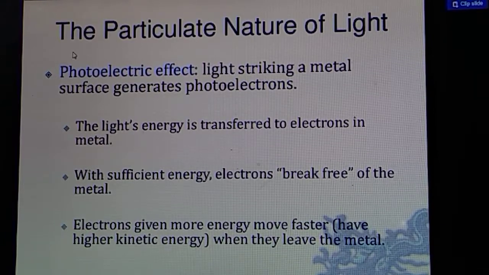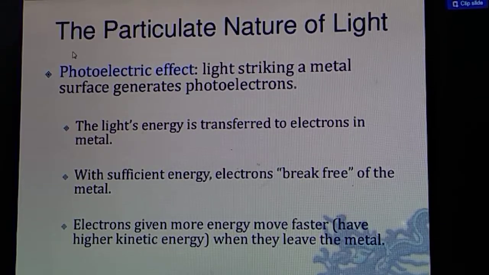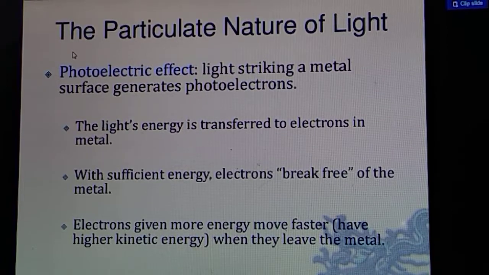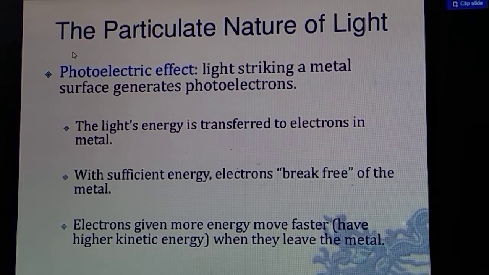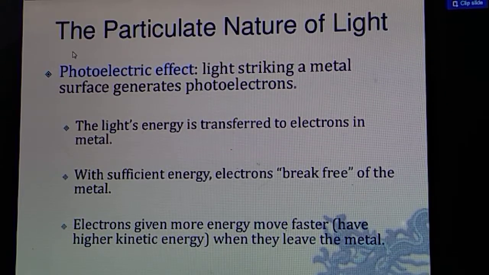It means that when a beam of light falls on the metal surface, it will eject the electron, and the energy of the photon is distributed in two parts. One is the threshold energy and another is the kinetic energy. Threshold energy is the energy required to eject the electron from the metal surface, and kinetic energy is the energy given to the electrons.